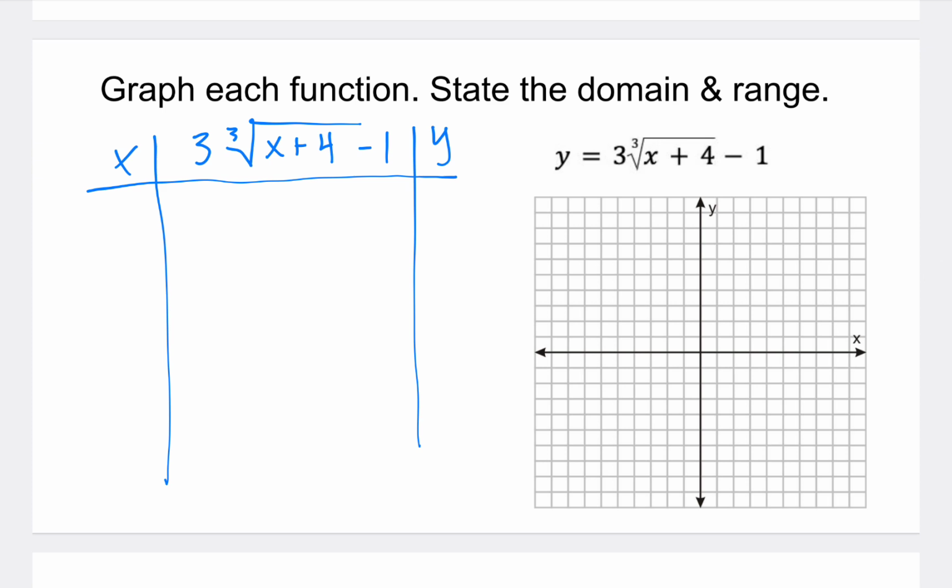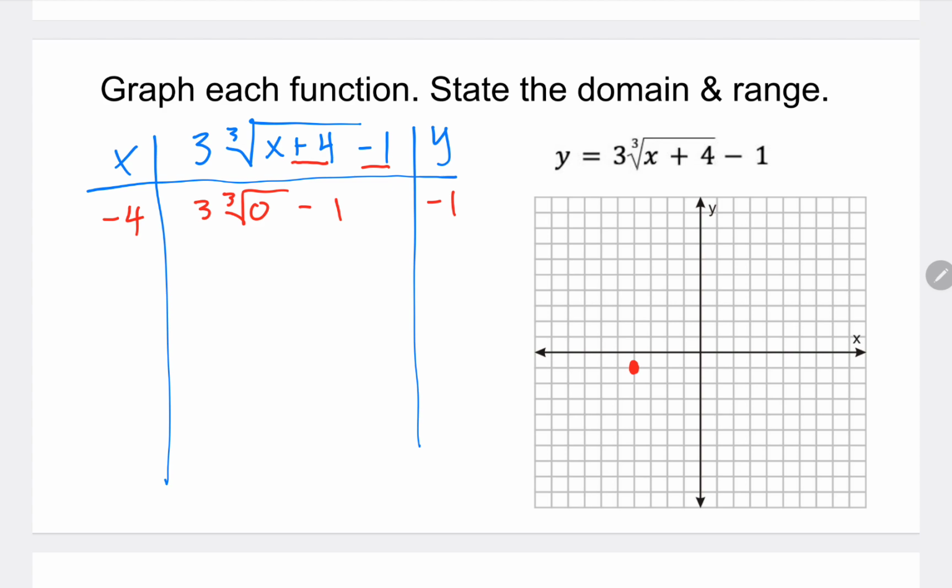And again, sometimes I think it's helpful to start with that anchor point. So this graph is being moved left 4 and down 1 from the parent function. So I'm going to go left 4 and down 1. If I plug in negative 4, I get 3 times the cube root of 0 minus 1. I know that point's going to be on that graph.